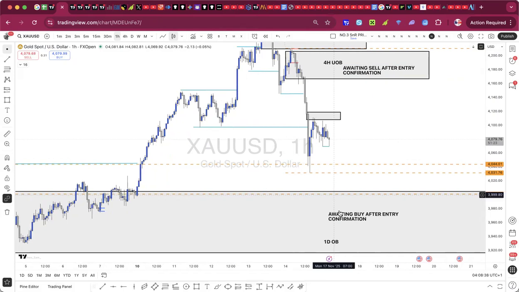So let me just share this chart. And this one was that temporary sell just sold now.